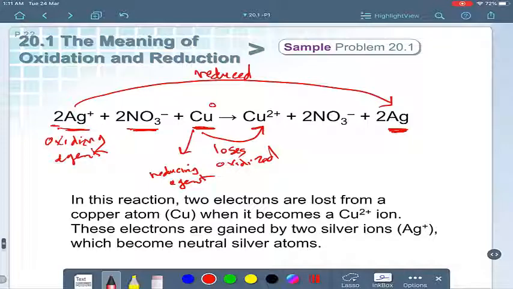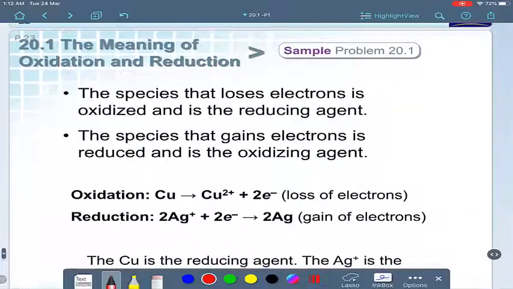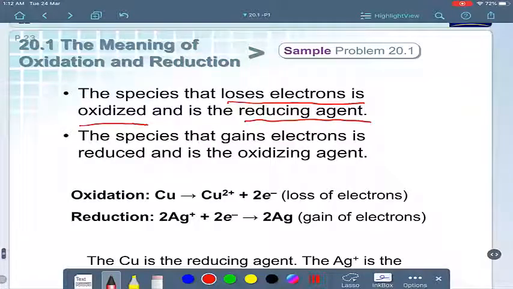The electrons lost from copper here, as I said, become positive 2. These electrons are gained by silver, which becomes neutral silver. Because of that, we can say the species that loses electrons is oxidized, and we call this substance the reducing agent. The species that gains electrons is reduced and we call it the oxidizing agent.